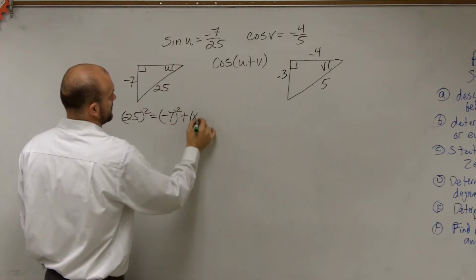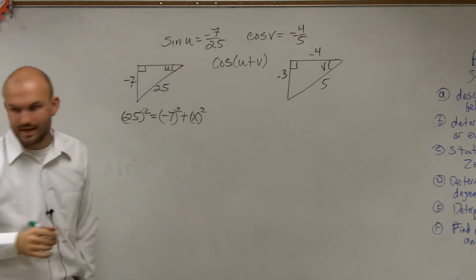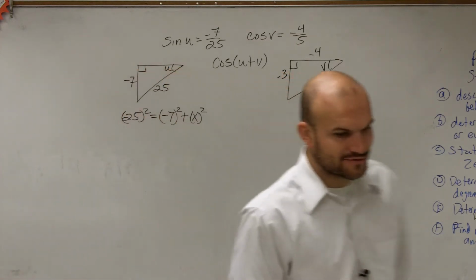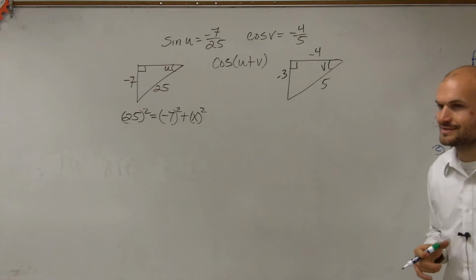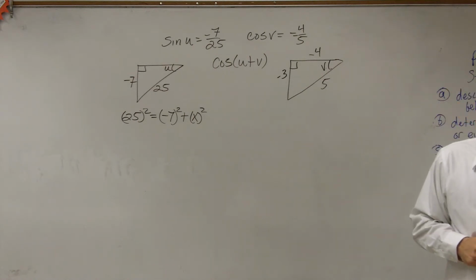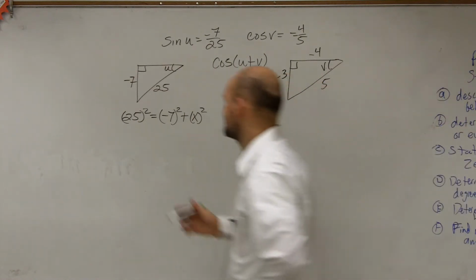We'll call this x squared. OK, 25 squared is going to be 625.